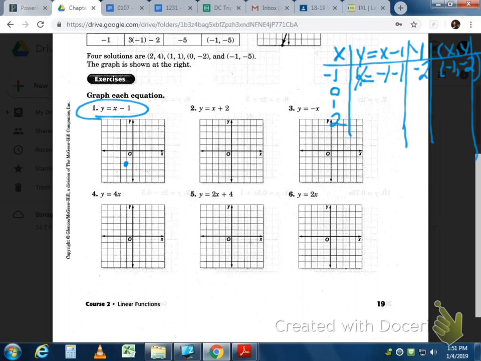All right, now go back to the function table where x is 0. Bless you. y equals 0 minus 1. What is 0 minus 1? Negative 1. So that point is 0, negative 1. I go back to my graph, start at the origin. It starts at 0, so I don't go left or right, but I go down 1.